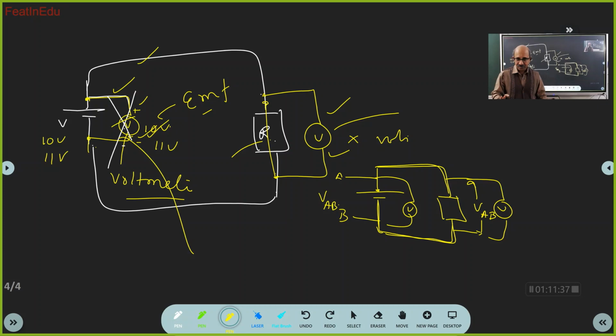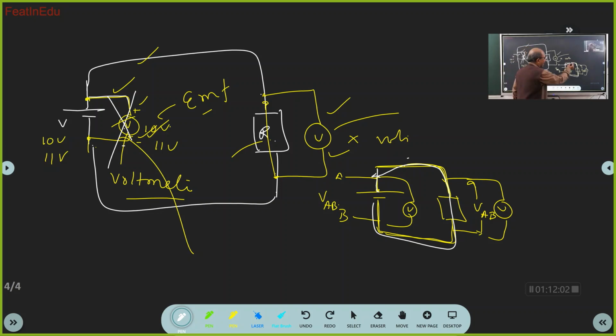Now why does it do so? Because of the law of conservation of energy. For every coulomb that it sends, it carries some energy. The same coulomb of charge will have to pass through this. So this carried energy, this consumed energy. Therefore the voltmeter readings must be the same. Got it?